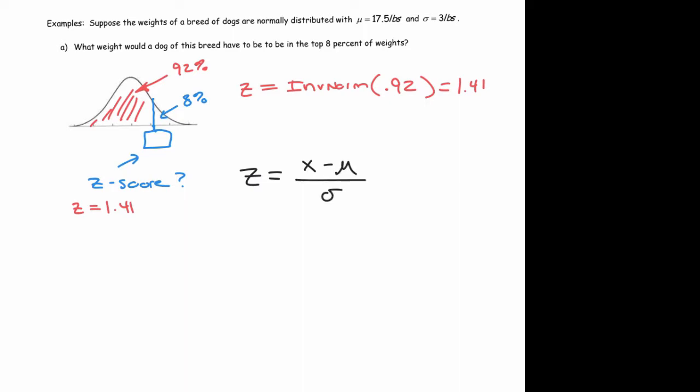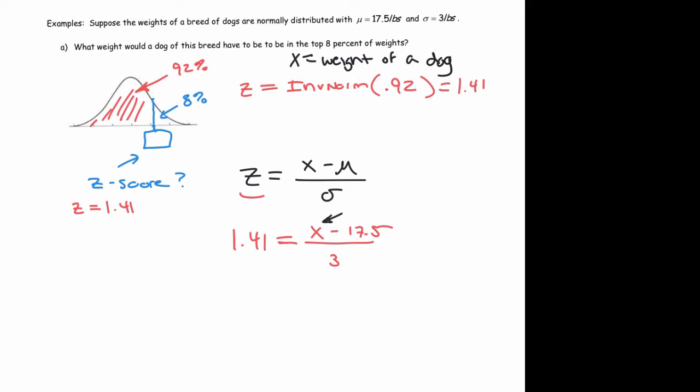I should define the variable x: x represents the weight of a dog. We know the z-score that goes with the top 8% is 1.41. We know the standard deviation is 3 pounds, and the mean for this population of dogs is 17.5. What we don't know is the actual weight of the dog that cuts off that top 8%. So there's a little algebra to do here.